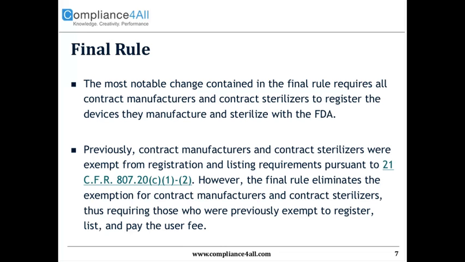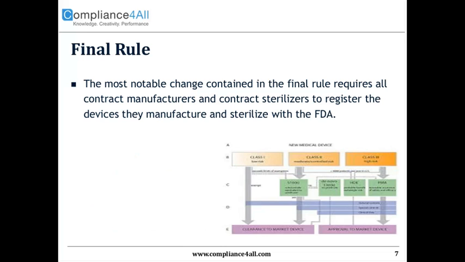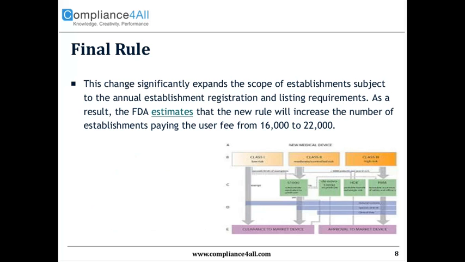However, effective immediately, the final rule does indeed eliminate the exemption for contract manufacturers and contract sterilizers, thus requiring those who were previously exempt to register, list, and pay the user fee. This change significantly expands the scope of establishments subject to the annual establishment registration and listing requirements. As a result, FDA estimates that the new rule will increase the number of establishments paying the user fee from 16,000 to 22,000 going forward.